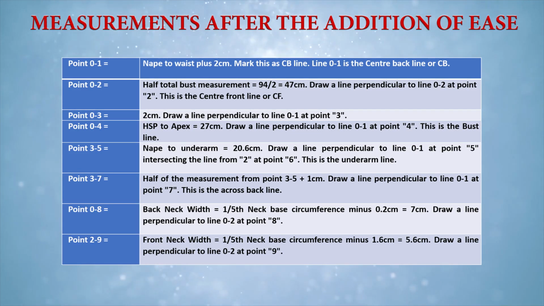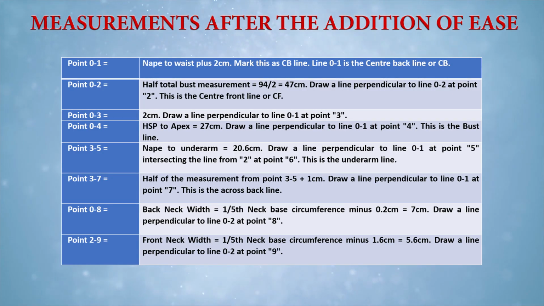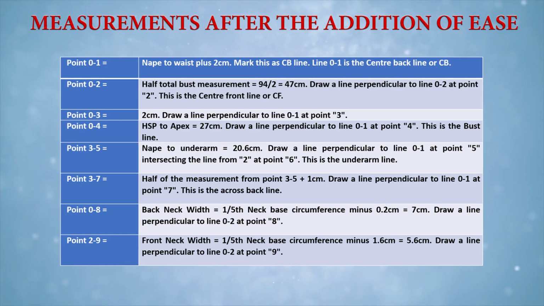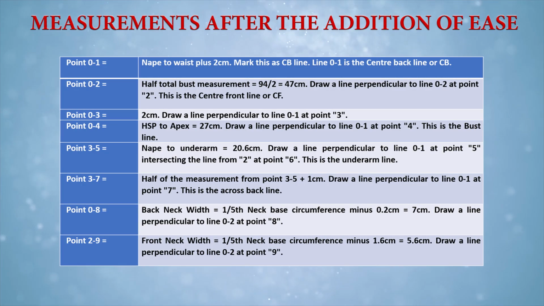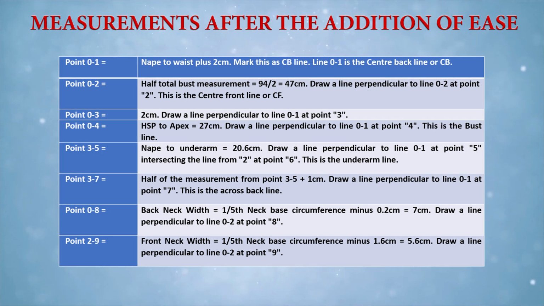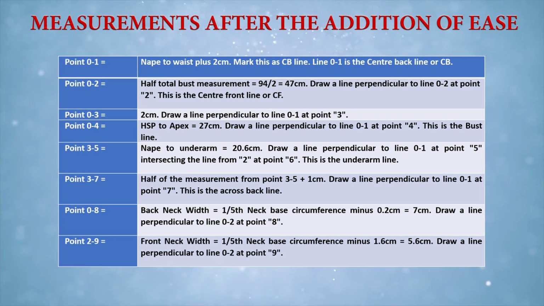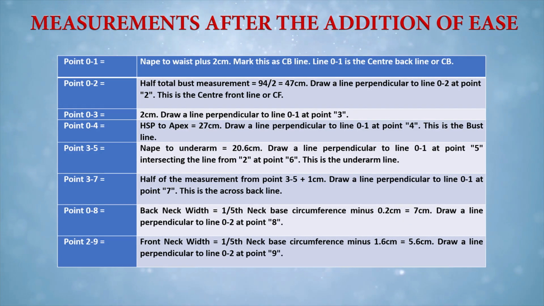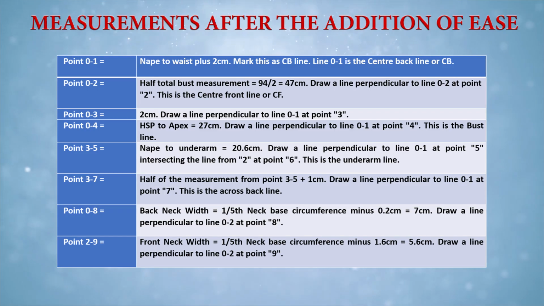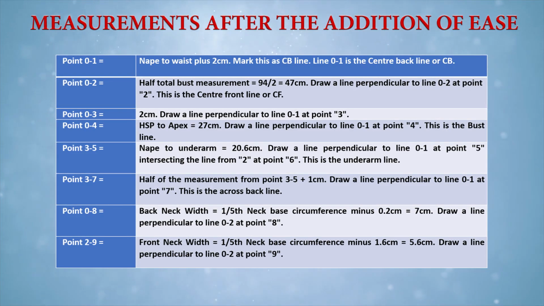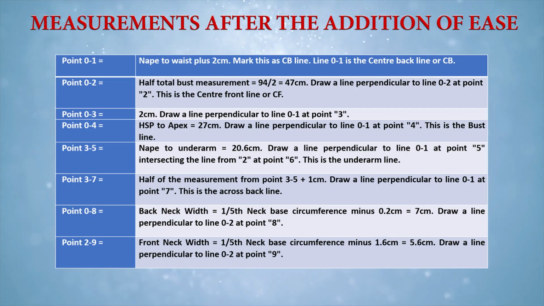Mark this as the central back line, so line 0 to 1 is the central back line or CB. In this manner, if you follow the diagram and the points mentioned in your study material one by one, you will be able to create the pattern very easily, and it is explained very easily how we can develop the pattern step by step.